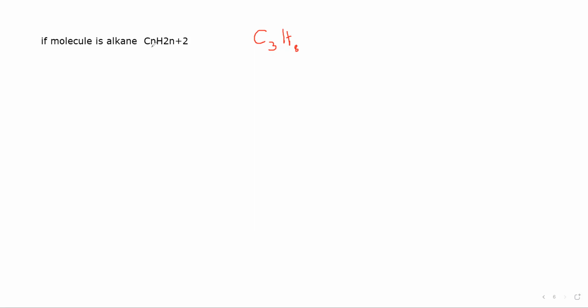If it is alkane, the number of hydrogens will be twice the number of carbons plus 2. How many carbon atoms are there? 3. How many hydrogen atoms? 8. 3 multiplied by 2 makes 6, and 6 plus 2 makes 8.